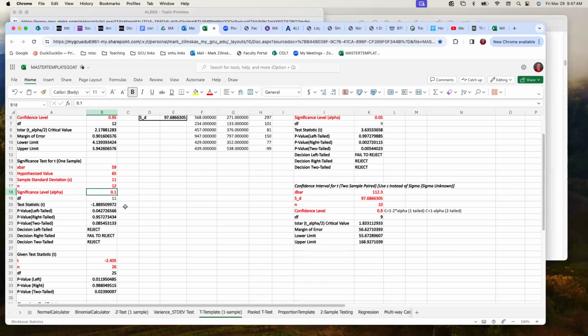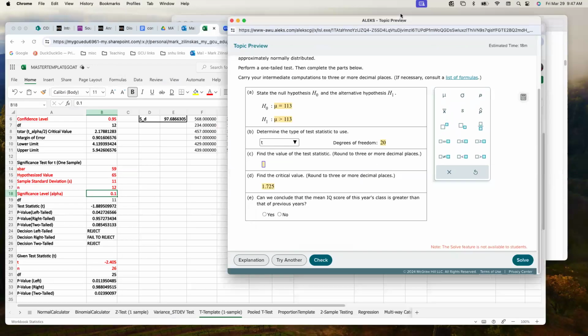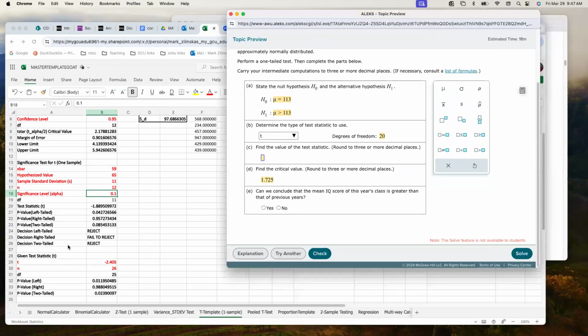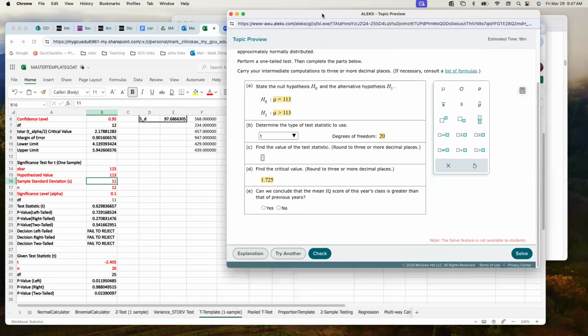Okay. So you can find that critical value doing this, or let's jump into your spreadsheet here. So I'm going to come over here and let me place all this over here so it's a little easier to read, so I don't have to go back and forth. So our X bar, I believe, was 115. So I'll type that in. Our hypothesized value was 113. Our sample standard deviation, I forgot that already.